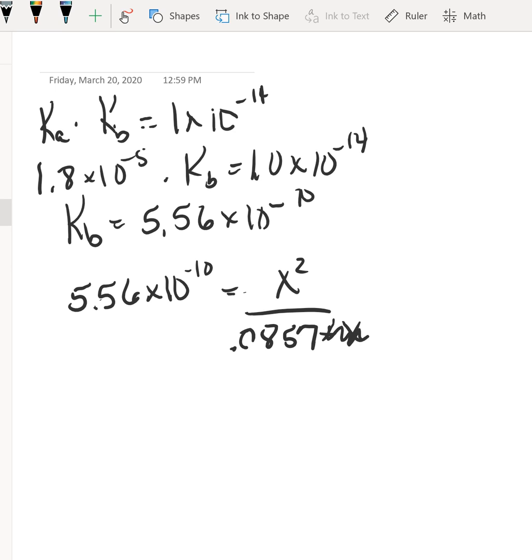We're going to assume that's really small.